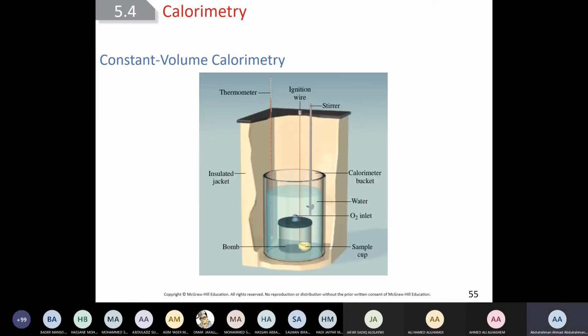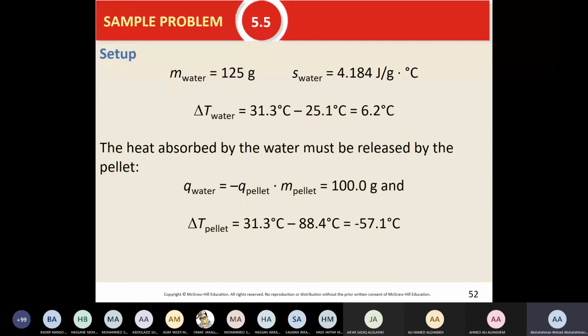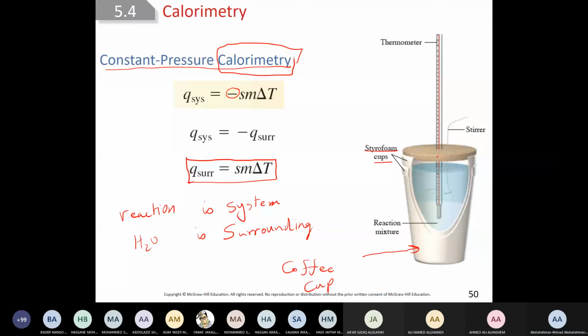Next, the other calorimeter is called the constant volume calorimeter. By the way, I forgot to say this is the constant pressure calorimeter. And we said that constant pressure we represented by the letter QP. QP equal to what? Delta H. So in this reaction we're going to calculate delta H. QP is equal to delta H because it's constant pressure.